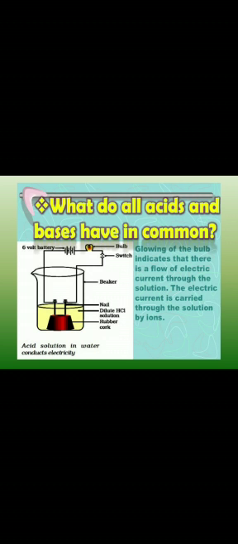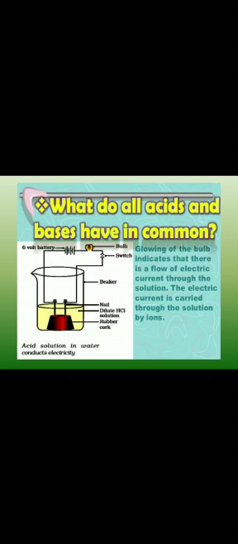Two nails are fixed on a cork placed in a beaker. These nails are connected to the two terminals of a 6-volt battery through a bulb and a switch as shown here. If we add some dilute HCl in the beaker and switch on the current, the bulb starts glowing.